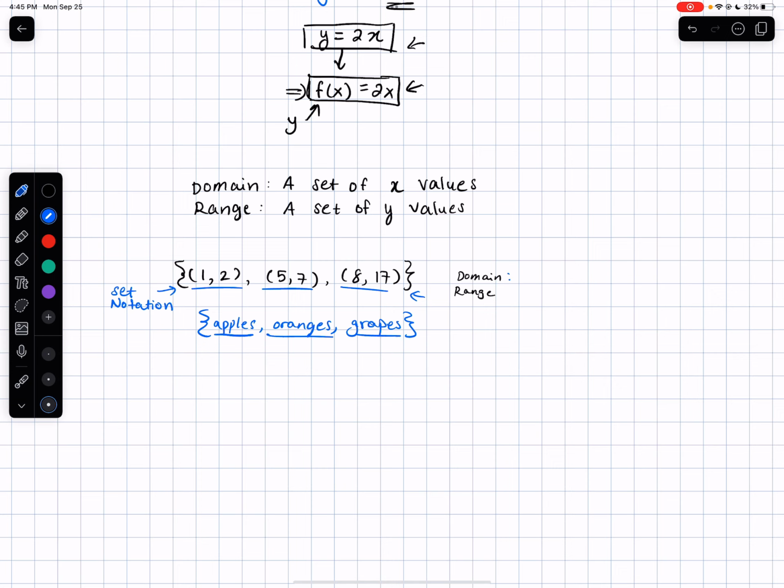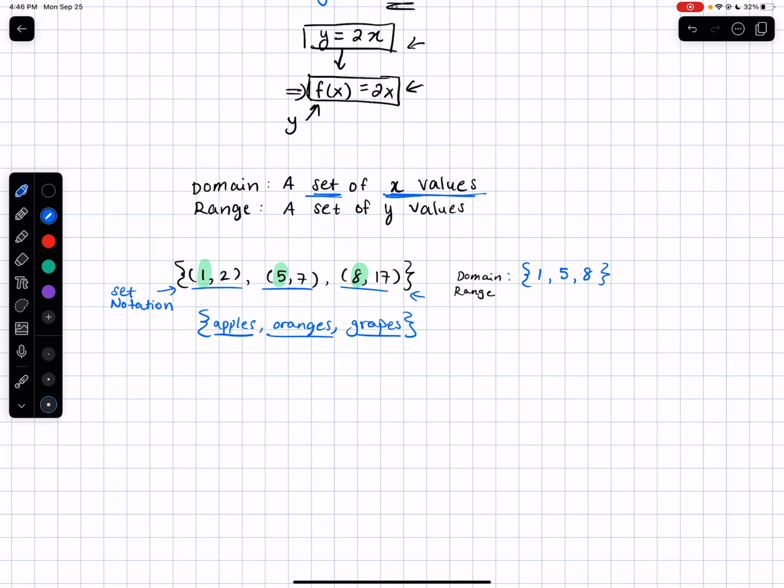Great. So domain, we have all the x values. So it's a list, a set. So you know you're going to use those curly brackets and all the x values. So this is an x value, this one over here, and this. So 1, 5, 8. You have to separate these numbers with a comma, then close the bracket.